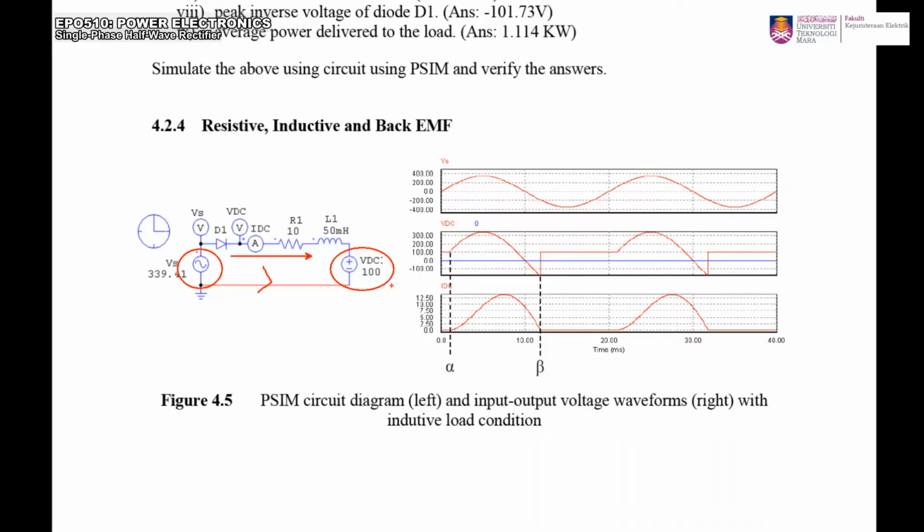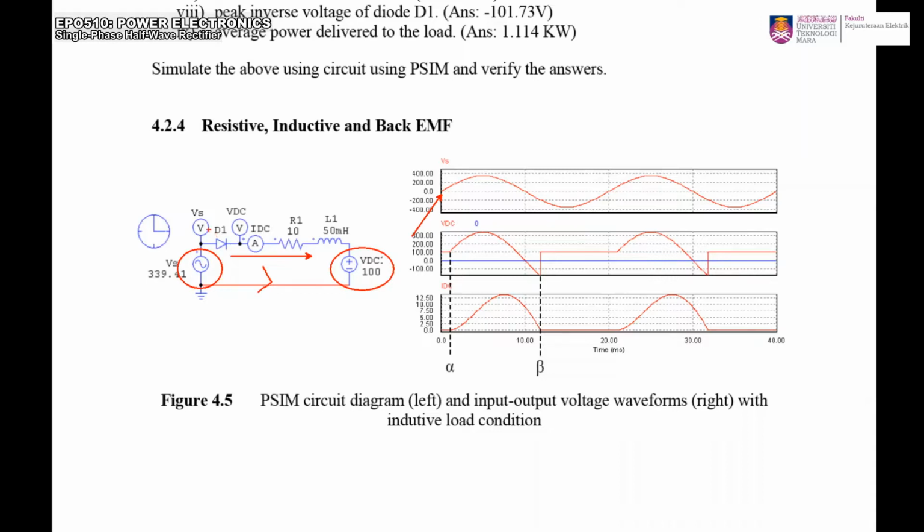Before that, you are going to see that the output voltage is greater than Vs. For example, at this point just above the zero crossing, you're going to see that the back EMF, which is 100 volt here, will be higher than the supply voltage.